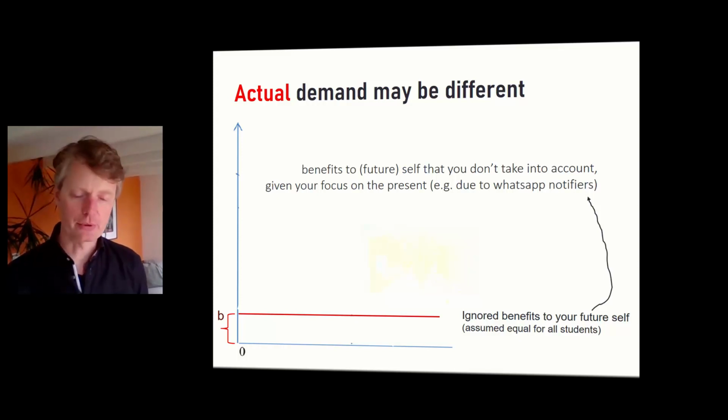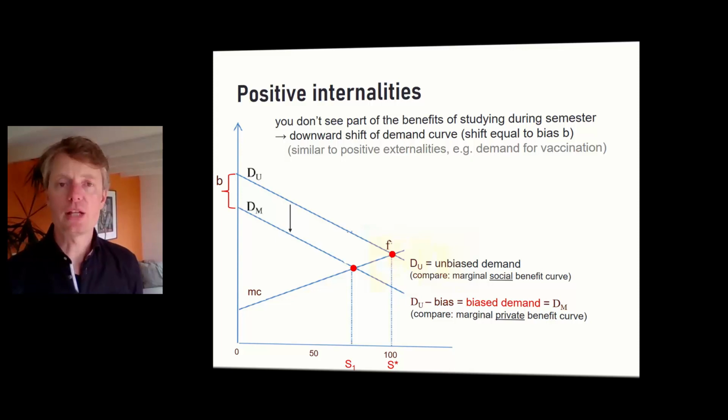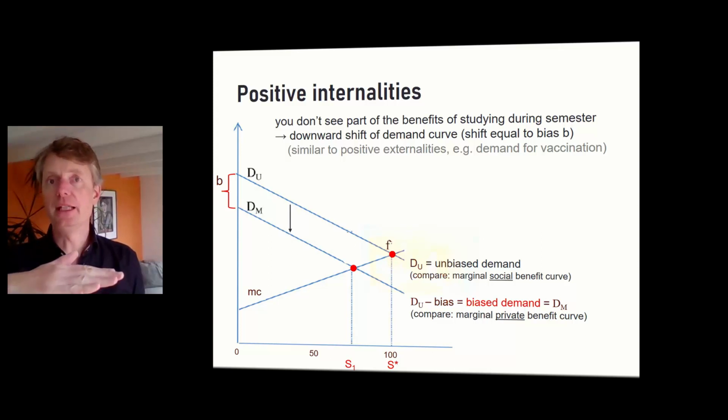And what B stands for is the benefits of studying that you impose on your future self and that you do not take into account. So basically, when you're in a hot state, when you do not take those benefits into account, then simply your benefits are B lower, right?